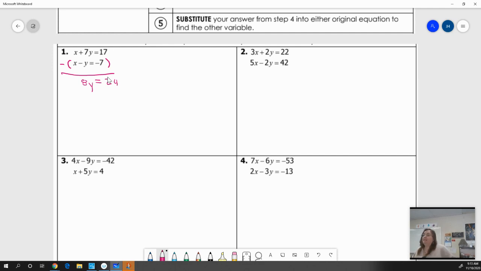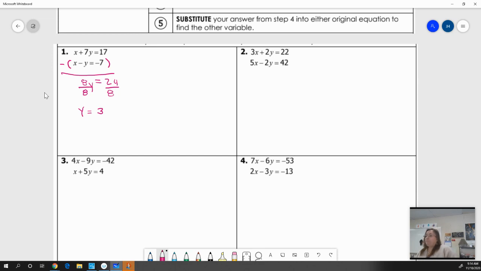Which makes this really easy to solve for the y variable, because right now, what do I have? I have 8y equals 24. So I only have to divide each side by 8 to find out what my y equals. So in this case, I'm going to get y equals 3.